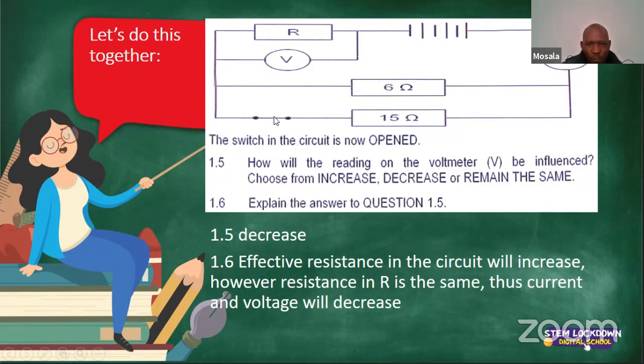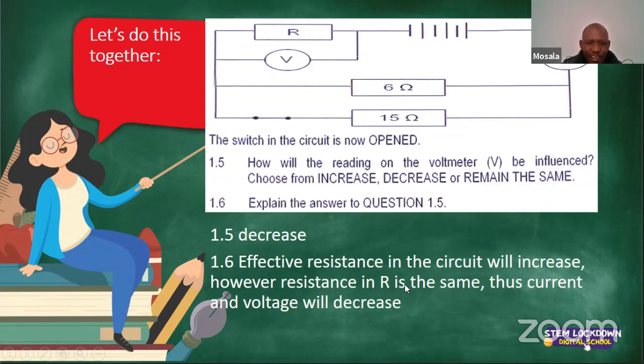Remember, if you open the switch, you will no longer have a parallel combination here. You'll just have this resistor R and the 6 ohm resistor being in series. So the effective resistance in the circuit will increase. But resistance of R will stay the same. Right.